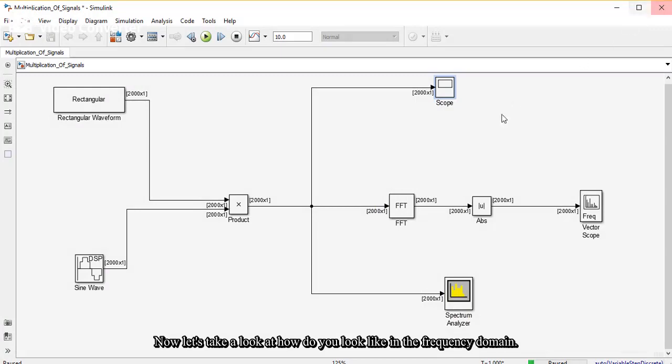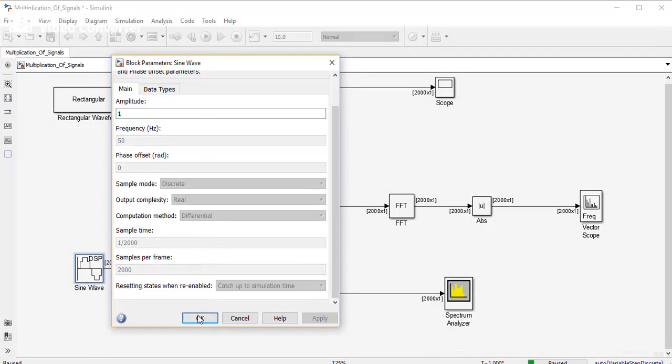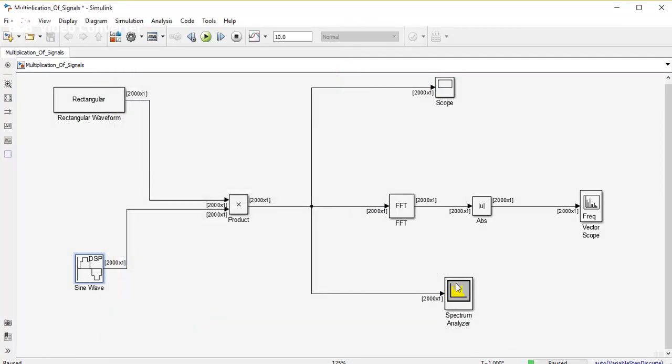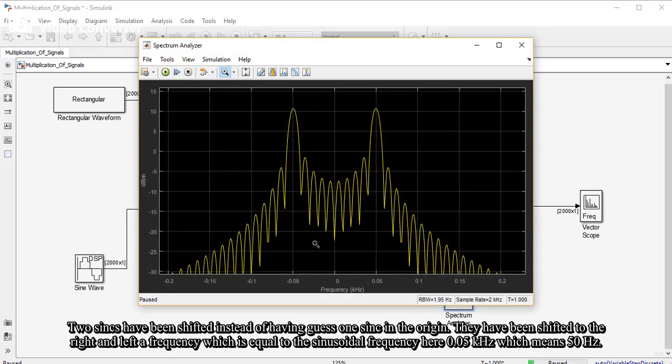Now let's take a look at how they look in the frequency domain. In the frequency domain, we can see that two sincs have been shifted.